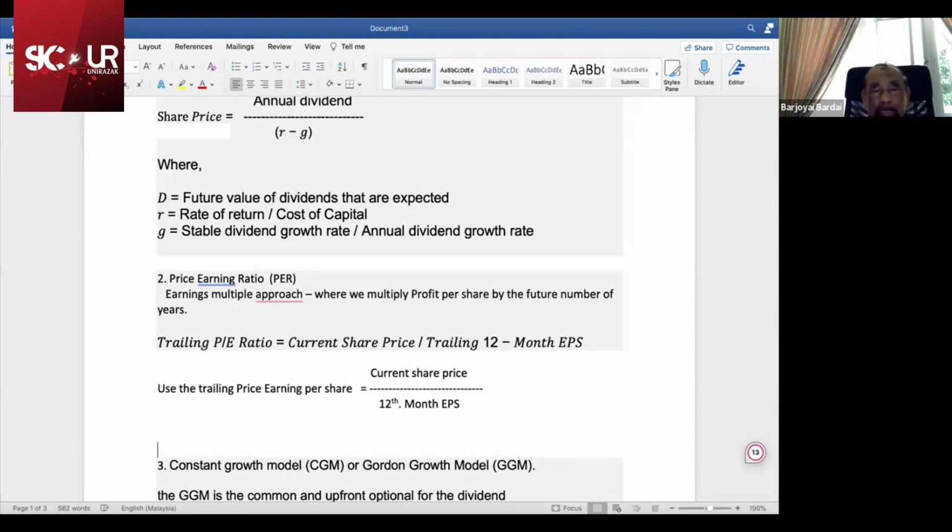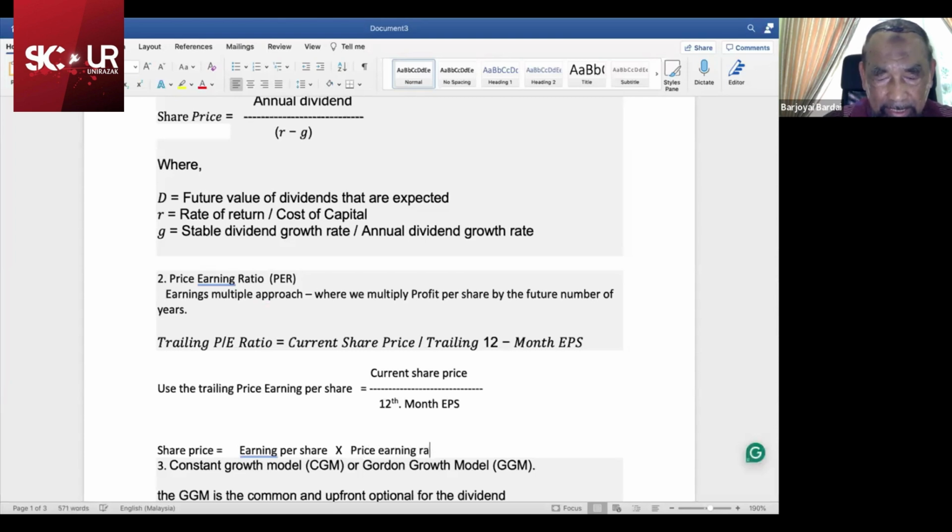Basically, the share price is equal to the earning per share multiplied by price earning ratio.